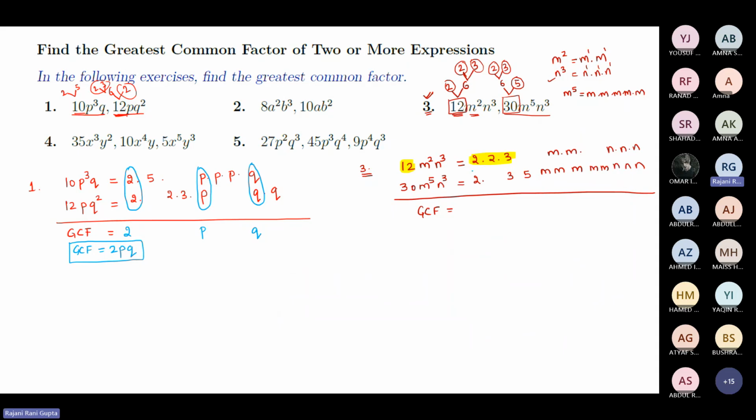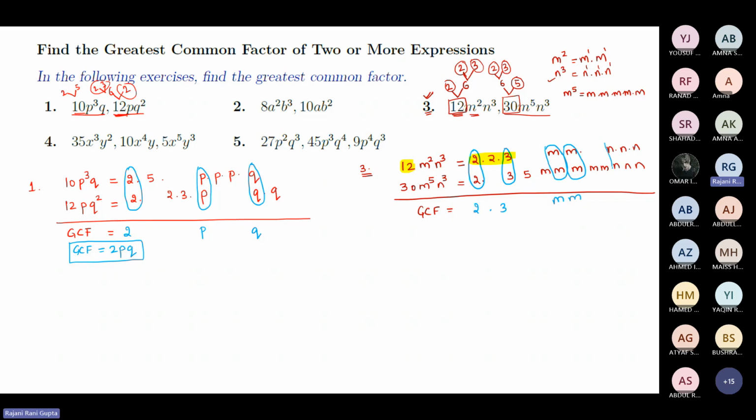So now we find the greatest common factor. If we have the same number up and down, on the same line, we take it. So here we have 2, so we write 2 as the greatest common factor. We do have 3, so we write 3. Now you have two m's here, so you take m, 1 and 2.